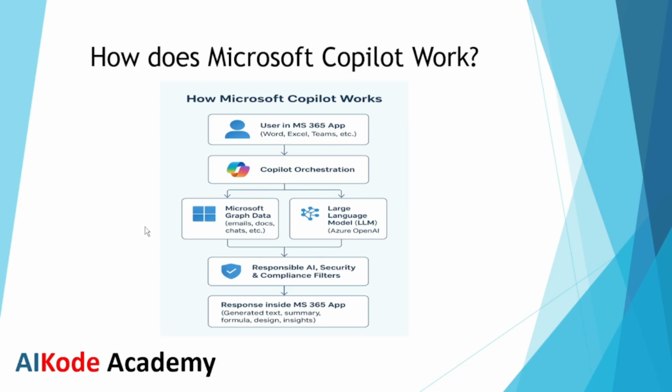Copilot uses this to add context to the response so that the response is tailored. Now, Copilot also sends the request to the large language model hosted on Azure OpenAI. This is where Copilot actually generates the text, summaries, formulas, or even presentation slides.